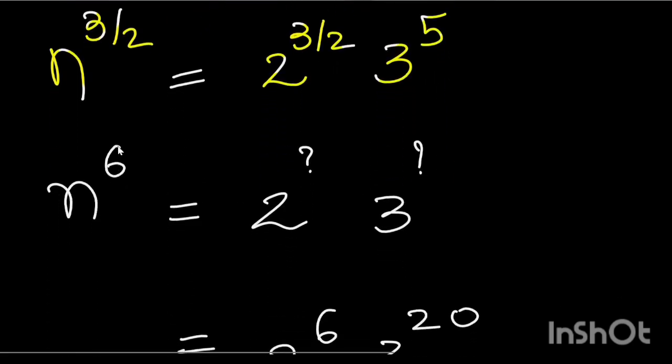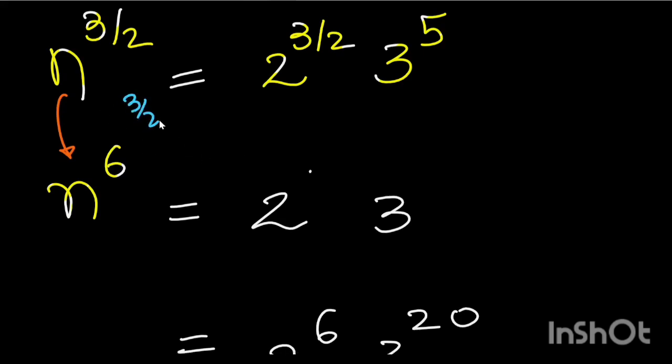Now we want n to the power 6. From n to the power 3 by 2, how will we get n to the power 6, and what will we be left with in the powers of 2 and 3? So guys, if you observe carefully, 6 will come when you multiply 3 by 2 by a factor 4.